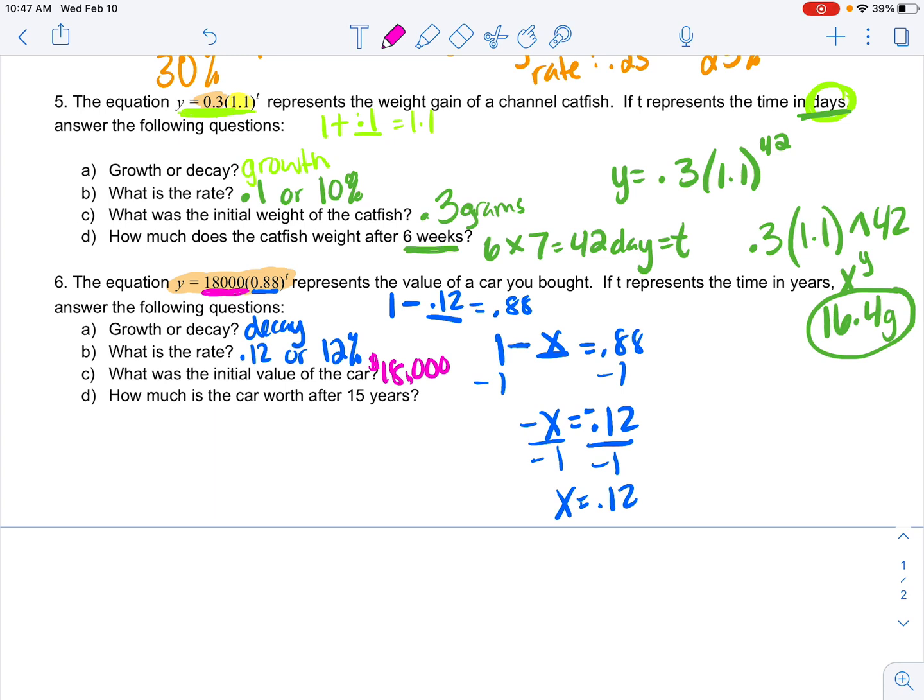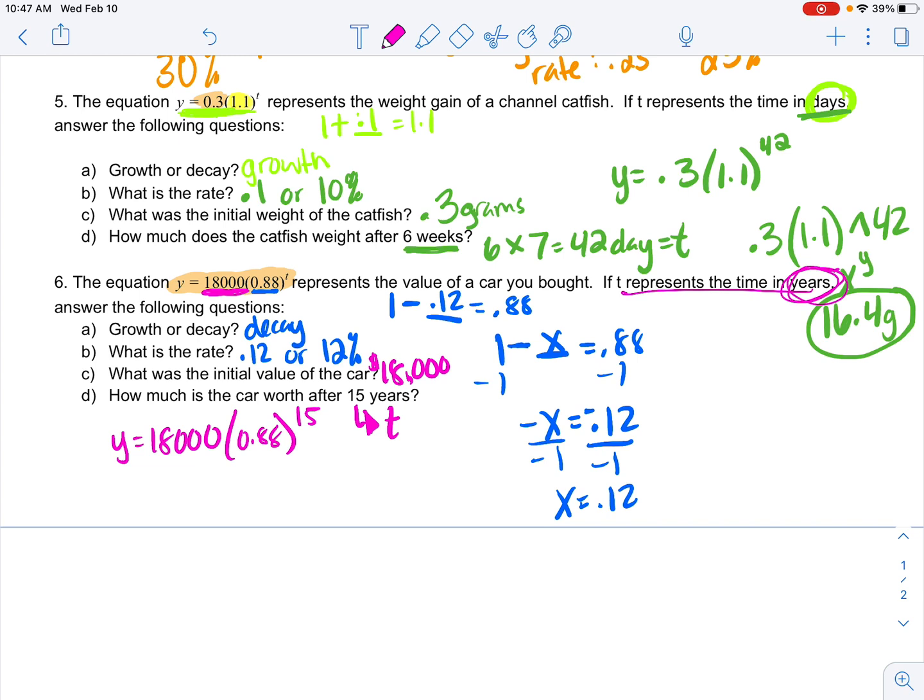How much is the car worth after 15 years? Well, T represents time in years, so I can plug that 15 in for T. We have y equals 18,000 times 0.88 to the 15. Now let's see what happens. Get your calculators out and make sure you know how to plug this in.